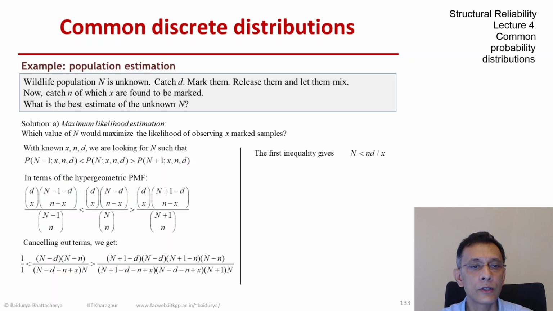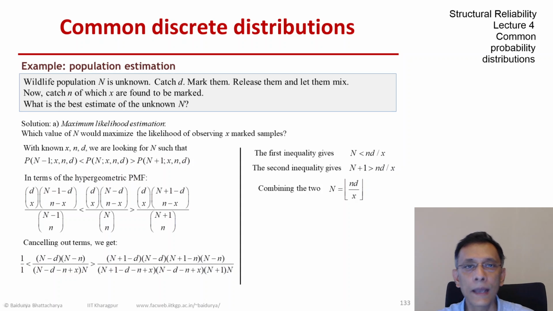The first one, which you see on the right, gives me one condition. The second one gives me another condition. If you combine these two, you get a nice solution that the unknown capital N is nothing but the integer, the floor value of nd divided by x.